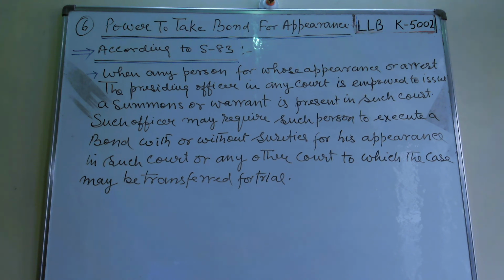I think, my dear friends, all these 6 points are clear to all. So, these are the 6 conditions which a court may enforce for the appearance of any persons in the court.